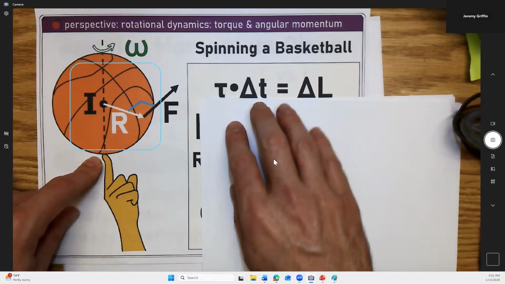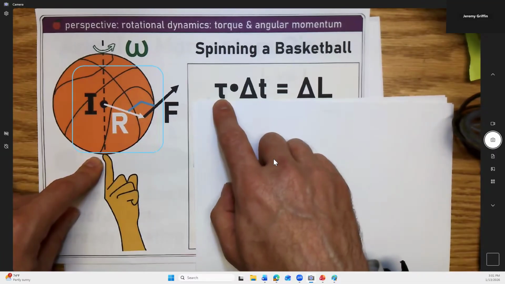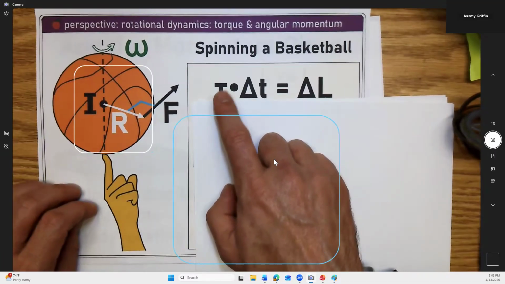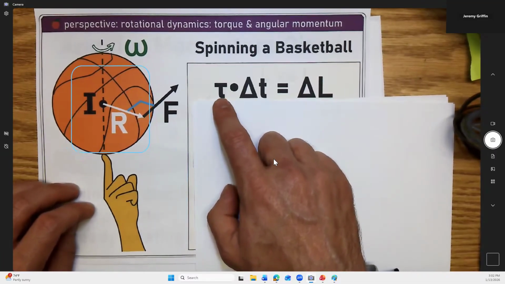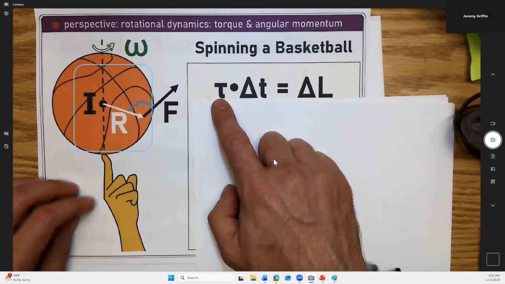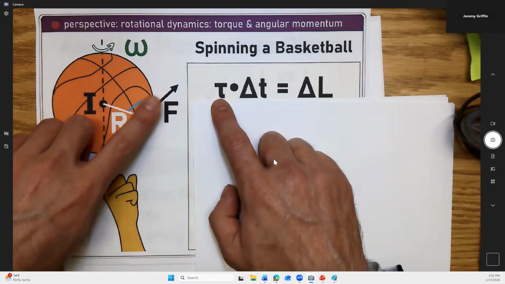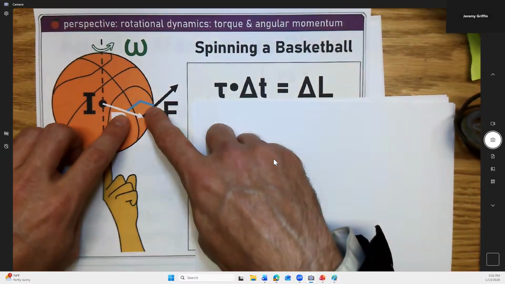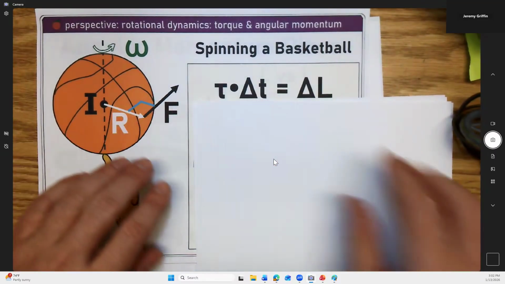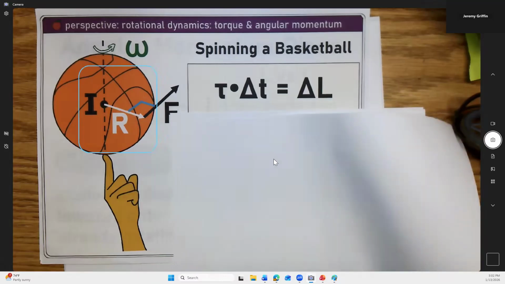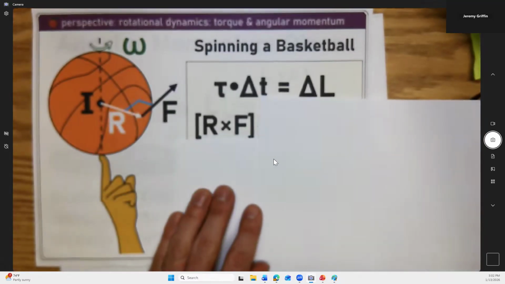So, a series of substitutions. I need to substitute something for this torque. We've been talking about torque for over a week now, so what is torque equal to? What times what? Yeah, this is r cross F. And conveniently, these will probably be at 90 degrees to each other anyway. So I can just replace that torque very simply with r cross F. That takes the place of that torque.